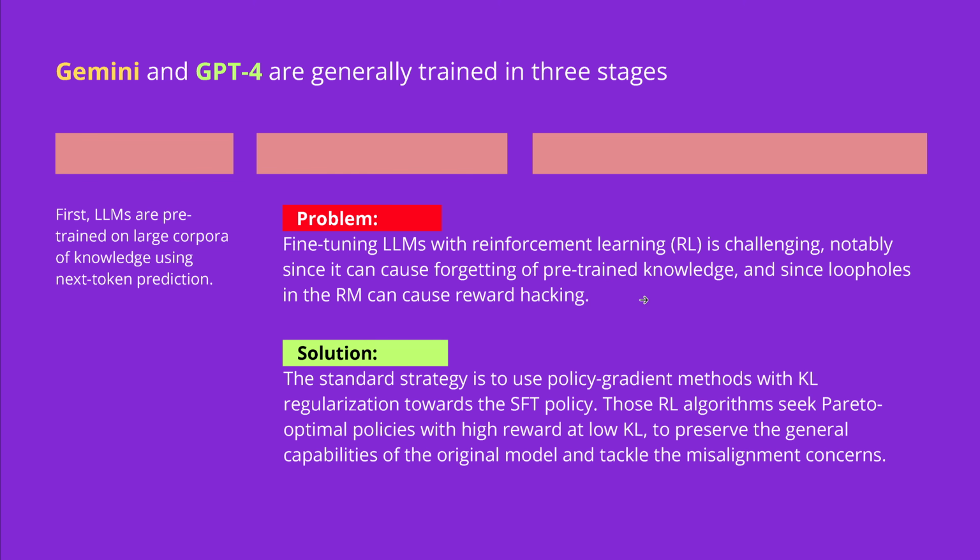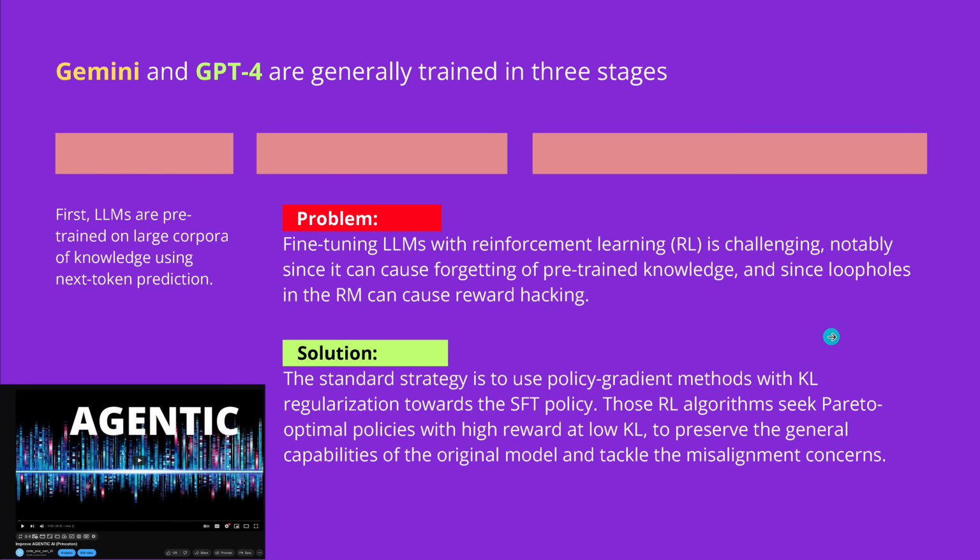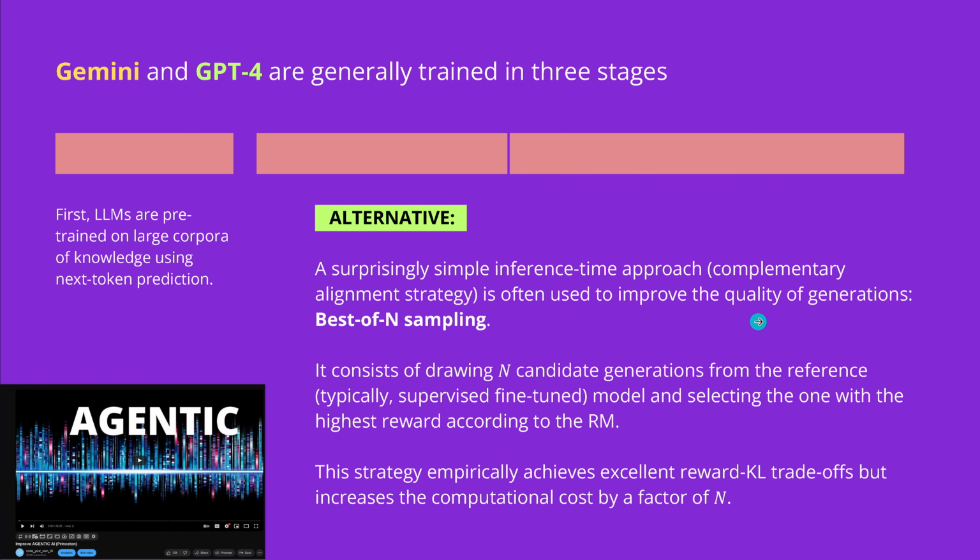Now, there's an easy solution: a policy gradient methodology with Kullback-Leibler regularization towards the supervised fine-tuning policy, and you seek Pareto optimal policies with a high reward at a low Kullback-Leibler to preserve the general capabilities of the original models. If you're not sure about the Pareto optimal policy, I explain them in this video about agentic systems. Or we take the alternative just shown by Google, and we go with a simple inference time approach of best-of-n sampling. It can be that easy.